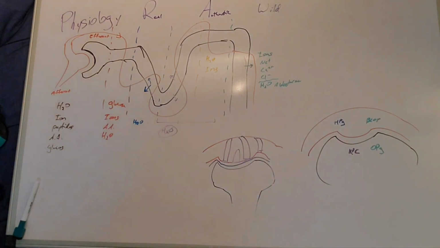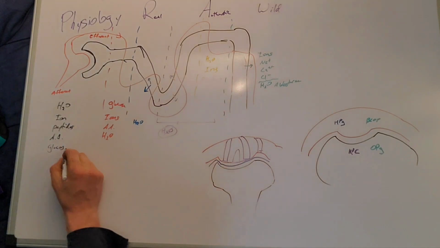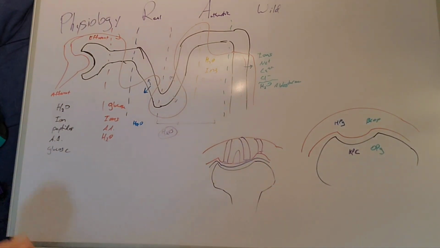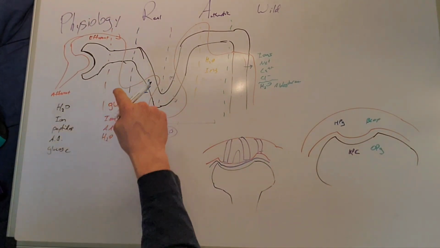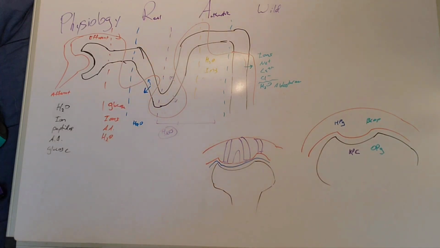So the concept of renal threshold and saturation. Like I said earlier, glucose is a good example of this. Glucose usually is 100% reabsorbed right here in the proximal convoluted tubule.